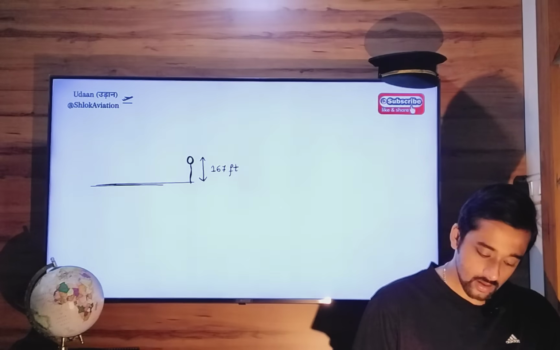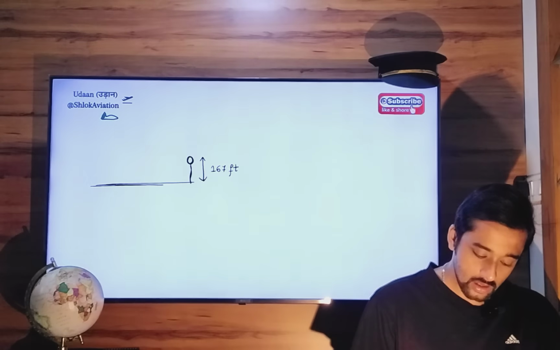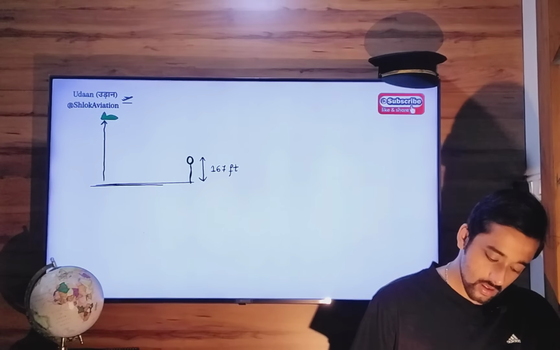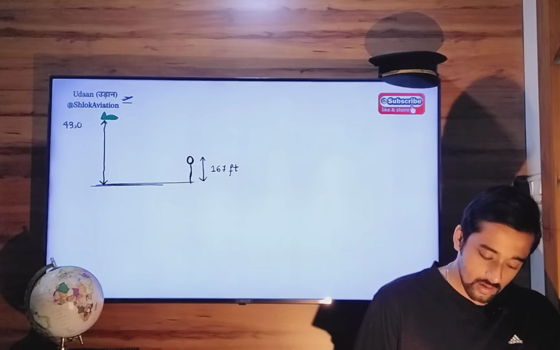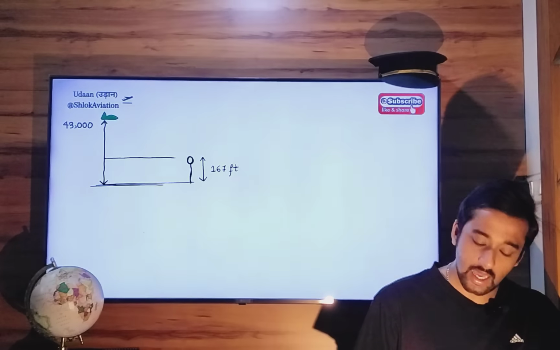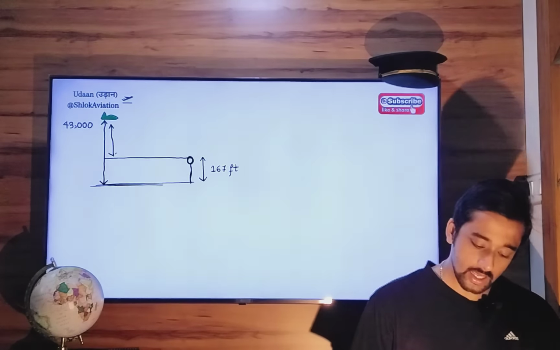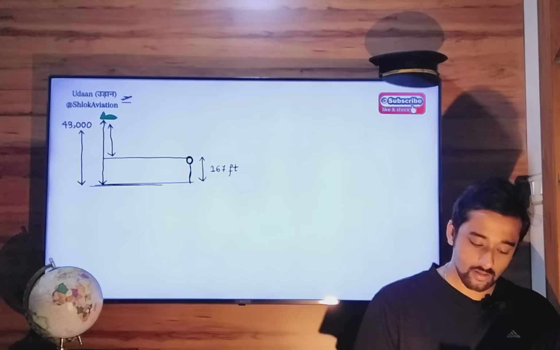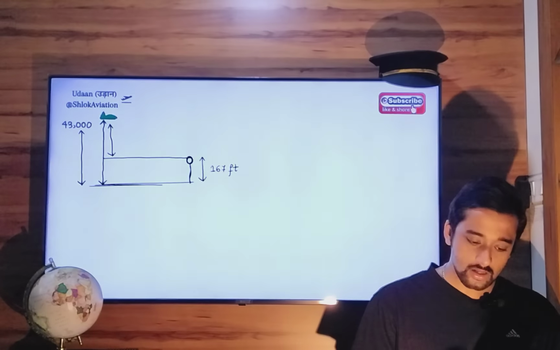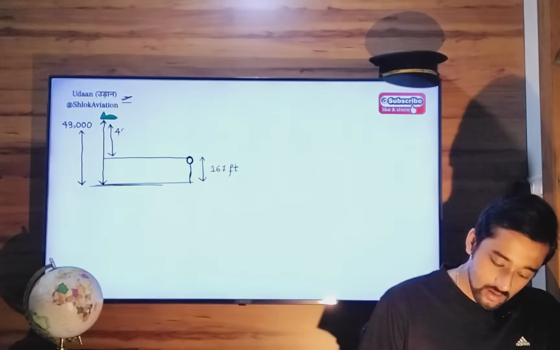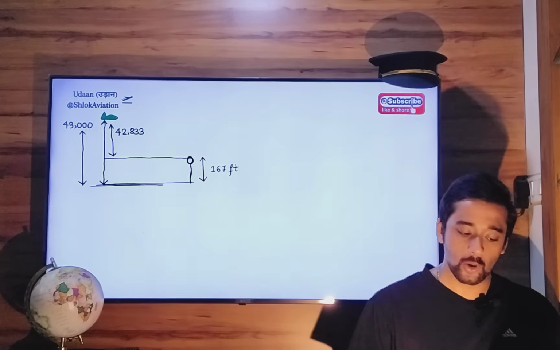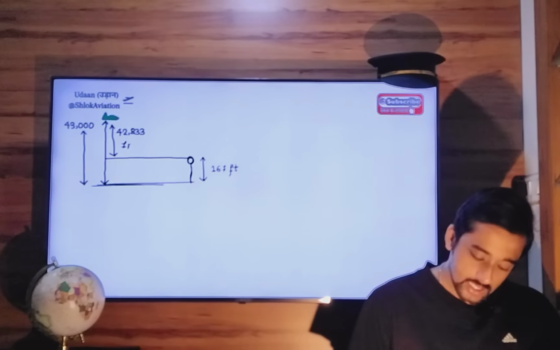Aircraft is 43,000 feet above. That means just above the DME it is how much high? 43,000 minus 167, 42,833. Now that is equal to how many nautical miles? 7.138. So approximately 7 nautical miles.